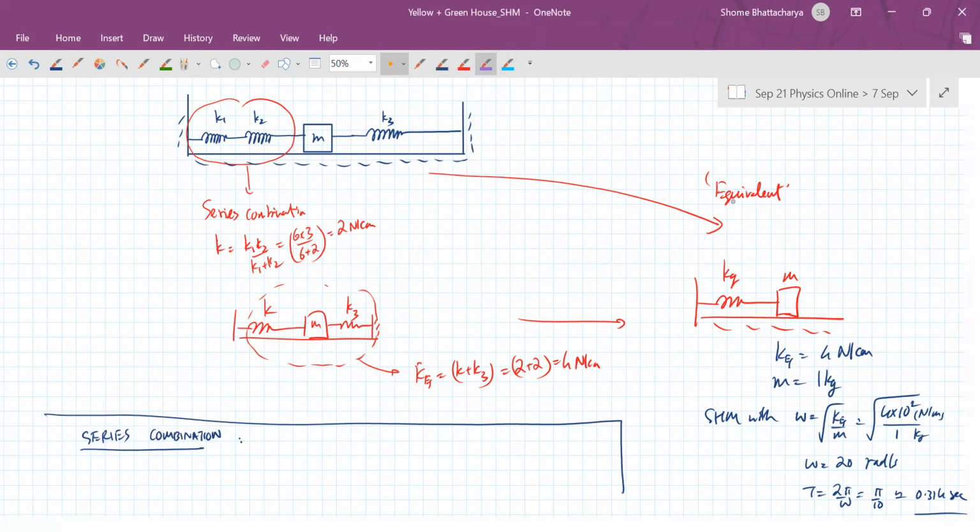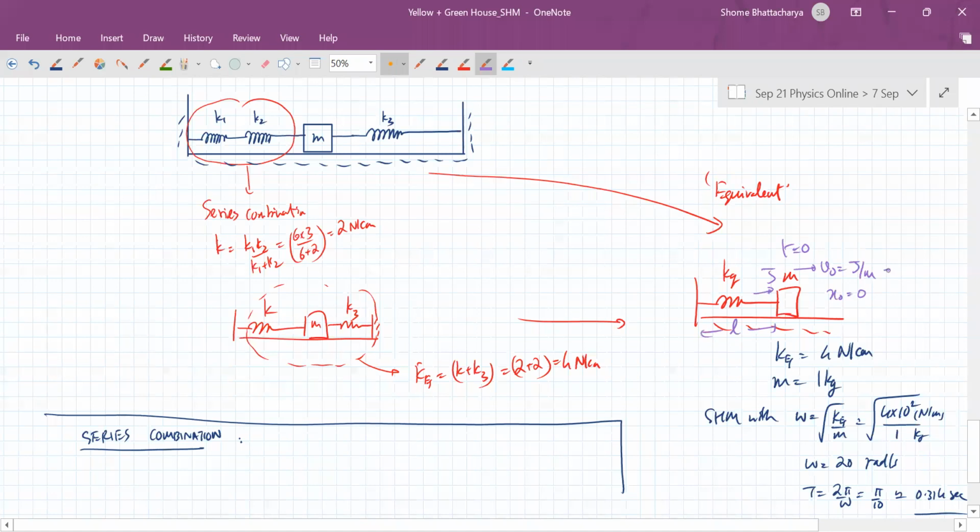Now you can also see that because of the application of the impulse at t equal to 0, this has a velocity in this direction of J by m, but it is at natural length position. So x naught is equal to 0.